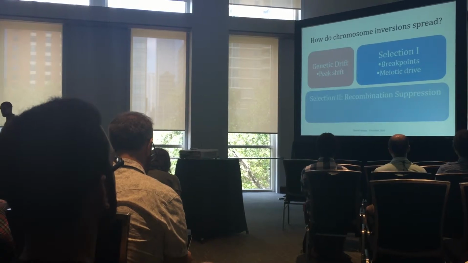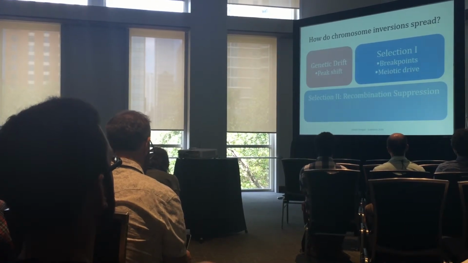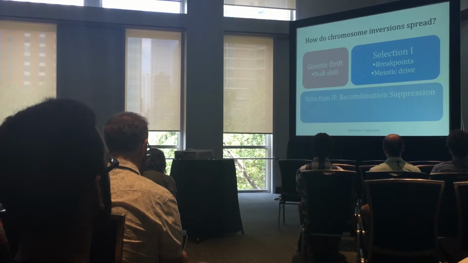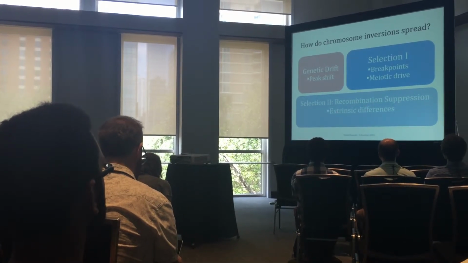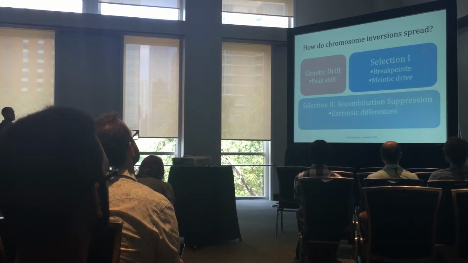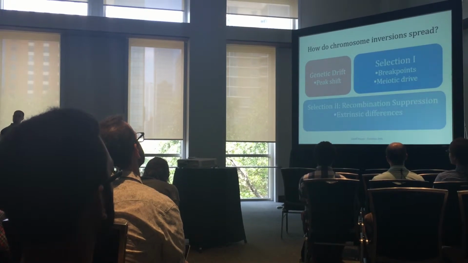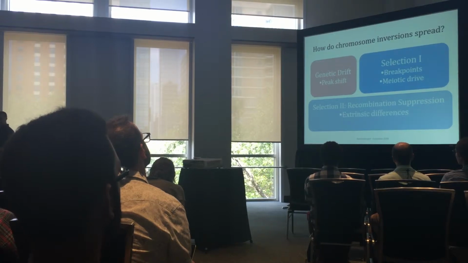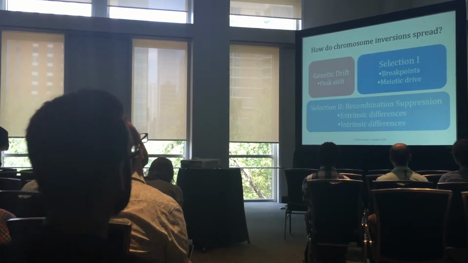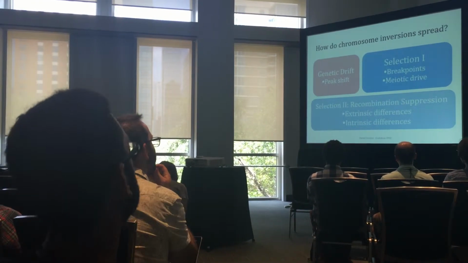When an inversion is in the heterozygous state, it's a powerful suppressor of recombination. Contextually, there's a big advantage for an inversion if it captures and keeps linkage between extrinsic differences between hybridizing populations, like ecological differences, or intrinsic differences involved in reproductive isolation.